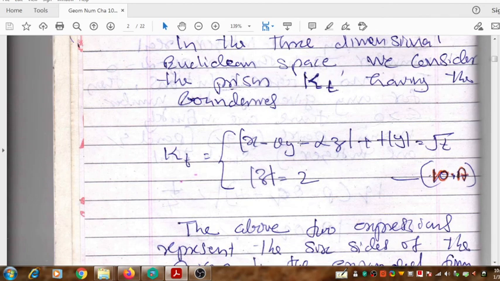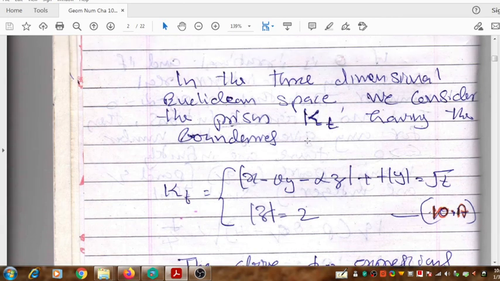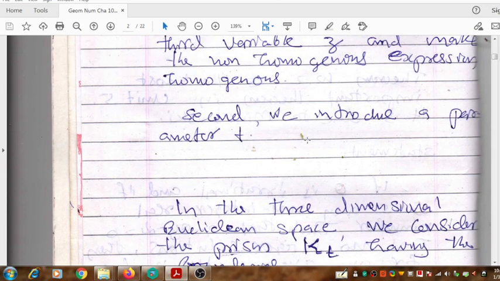But here we want to see what the value t is, what the meaning of t is, and how these equations are written. All those things we want to see. But the main important thing is that we are going to consider a prism, which is a three-dimensional object.